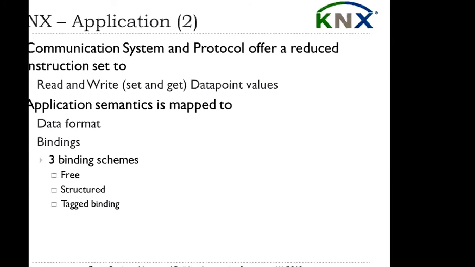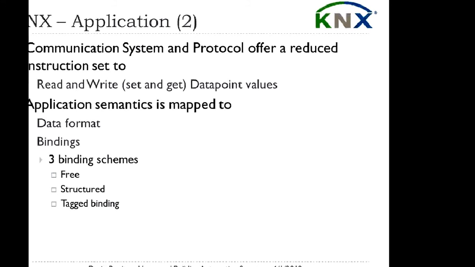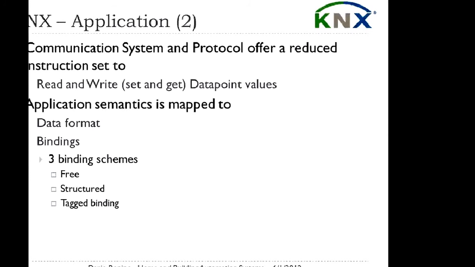And so the application semantics is basically based on the format of data exchanged between data points and the binding, how we can connect the data points together. And also here there are 3 binding schemes, so the protocol is really complex. One is free, which is the one that we are using typically in our cases in the lab, in the installation we do outside.